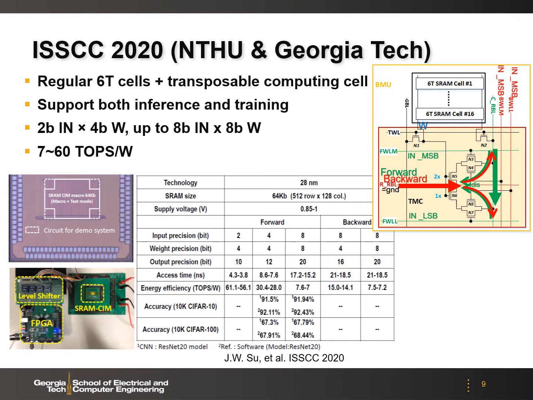And also multi-bit precision is supported, and the measured energy efficiency can be up to 60 TOPS per watt. So this design was implemented at 28 nanometer, and then with the FPGA as a control, the training accuracy for CIFAR 10 and 100 are reported here with reasonably good accuracy.